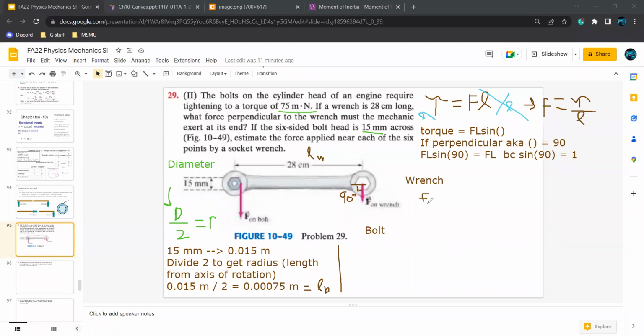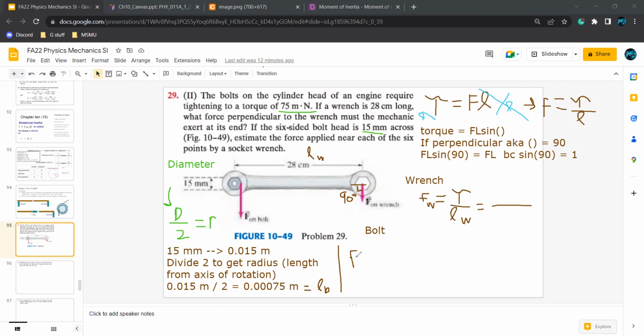Force on wrench is equal to total torque needed over the length of the wrench. And we'll plug that in soon.